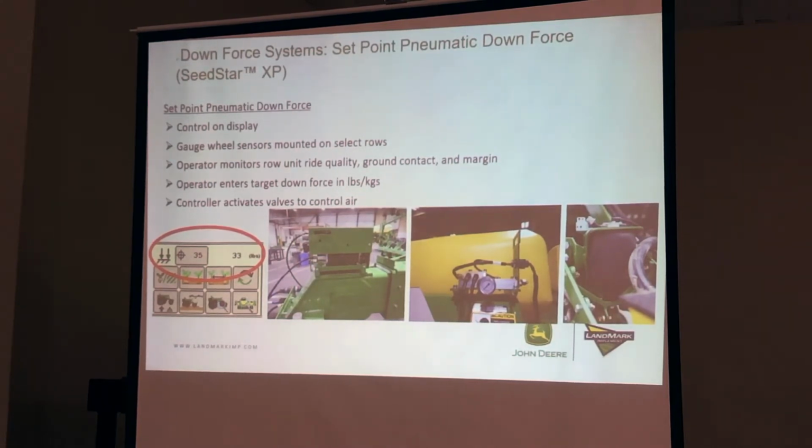On some of these systems, they have gauge wheel sensors mounted in select rows, so you can monitor the row unit ride quality, the ground contact, and margin, but this is just something that you monitor in the display as you're going. Like I said, you're going to enter your target downforce in the display, and it's still going to be a controller activating the valve to relieve and add air to the system.